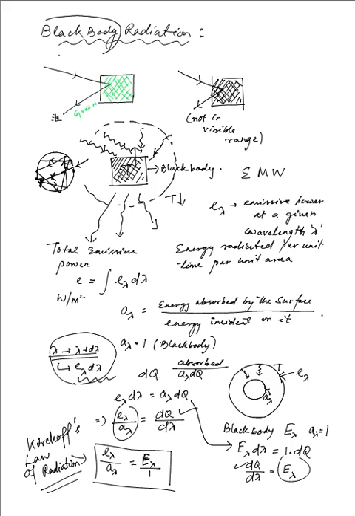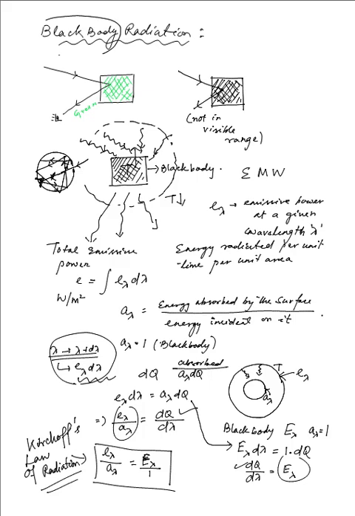So Kirchhoff's law of radiation states that the ratio of the emissive power to the absorptive power for a given wavelength is the same for all bodies, and it is also equal to the emissive power of the black body. Well, it is actually equal to the emissive power of the black body to the absorptive power, but as you know that is 1, so this will be simply equal to the emissive power of the black body.